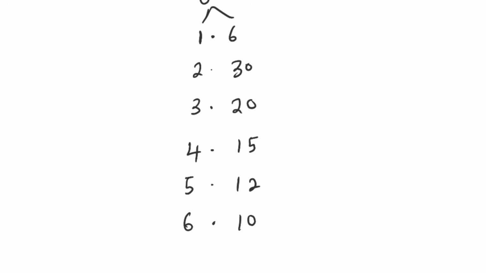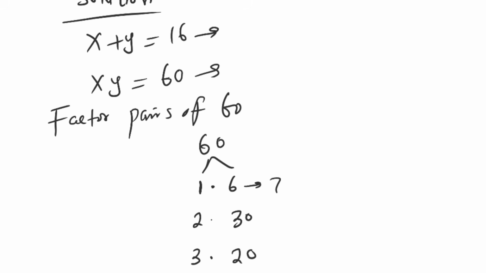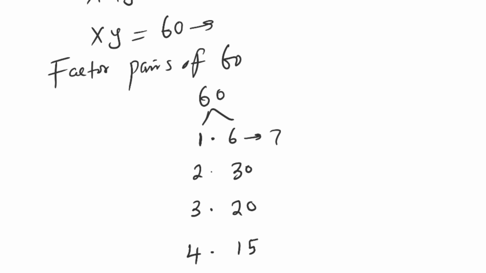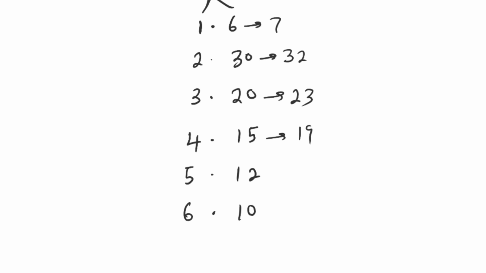Then 1 multiplied by 60, if you add the two together, this will be 61. Let's see, because the sum must give you 16 and the product must give you 60. So here, 2 plus 30 is 32. 3 plus 20 is 23. 4 plus 15 is 19. 5 plus 12 is 17.